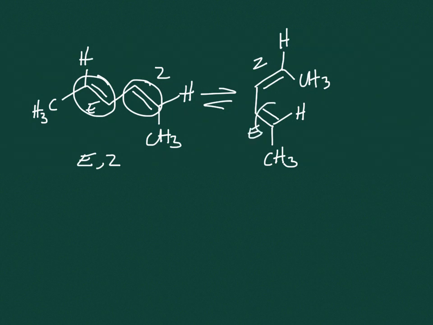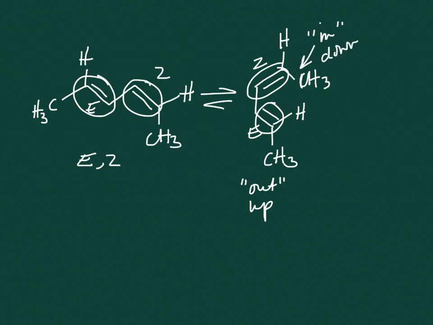Okay, EZ. So what you are going to do, this position is the out position, so this methyl group will be up. This position is the in position, so this methyl group will be down. It is pointing in.